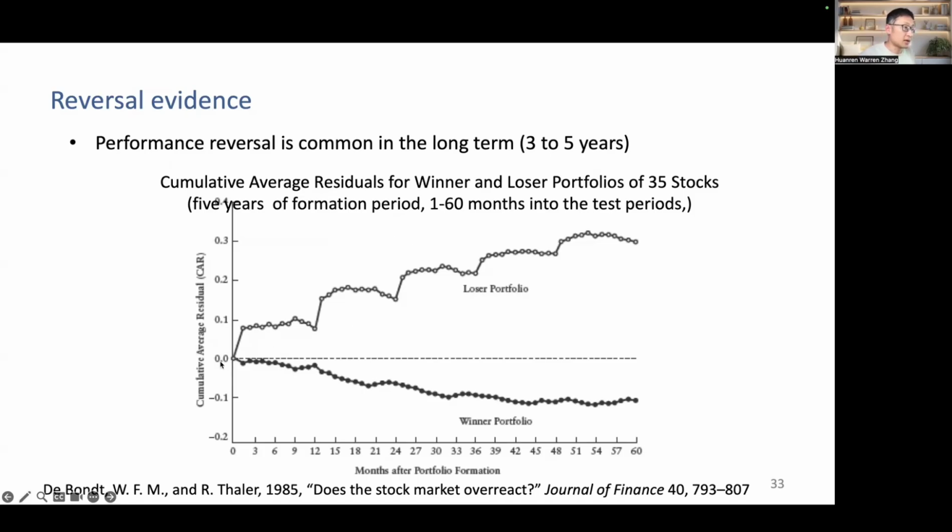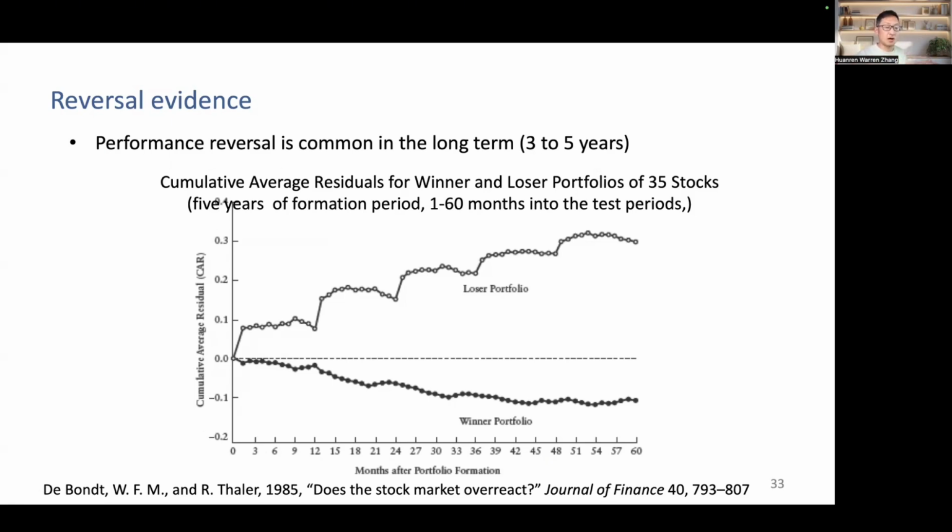That means this momentum strategy existed in the past data, but depending on the time horizon we are looking at, it either follows the previous trend in the short or intermediate terms, or it could reverse if we look at a longer period of time.